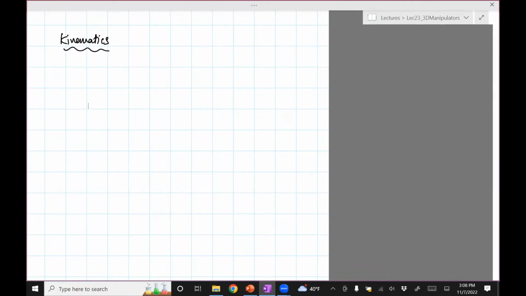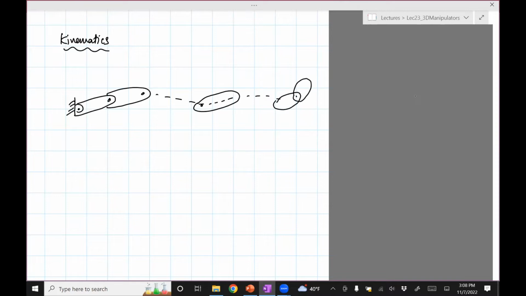So let me just draw an open link chain. The dots indicate there are some links between those dots. We'll call these joints joint 1 in this case, joint 2, joint 3.